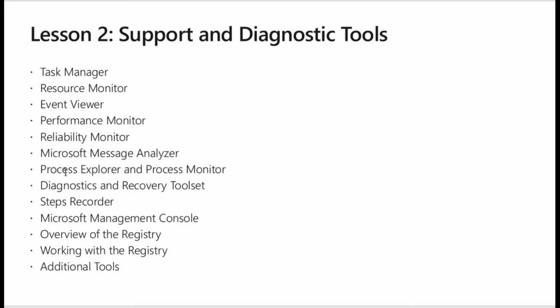Other tools are Process Explorer and Process Monitor, diagnostics and recovery toolsets, Steps Recorder, Microsoft Management Console, overview of the registry, working with the registry, and some additional tools. So we have quite a good number of tools to troubleshoot all these things.